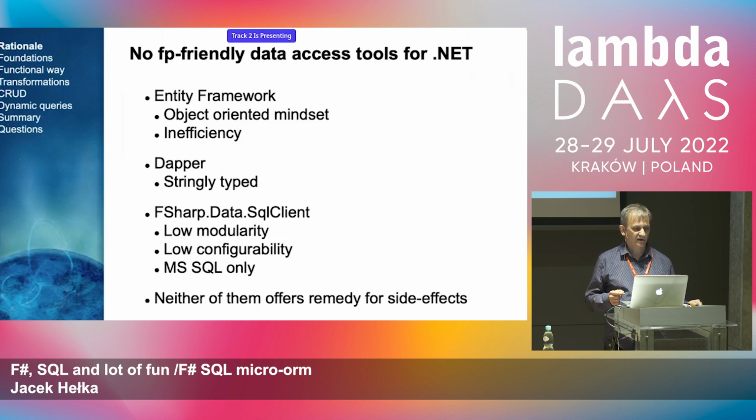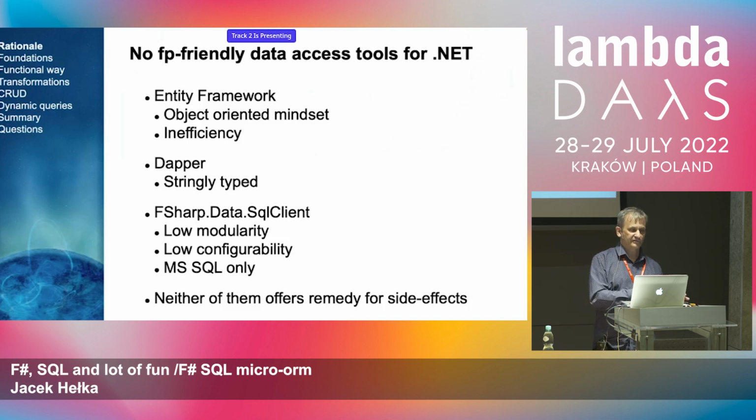The next one I tried was Dapper. It is another quite obvious choice. It is a very small, very fast, very simple tool built by the Stack Overflow team. Using this tool, we specify our queries as strings, and it generates code that materializes our objects.